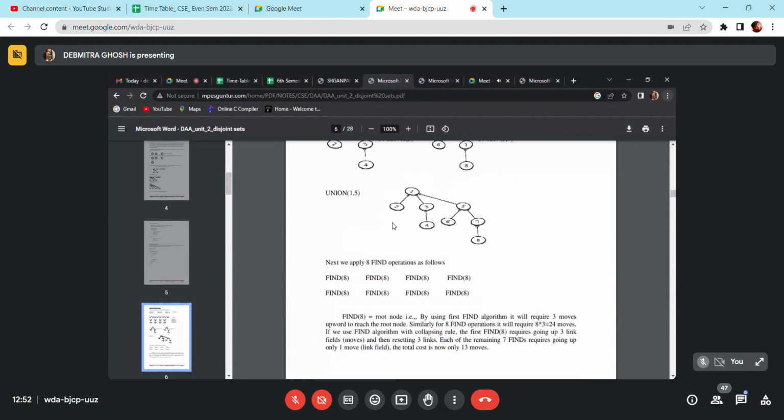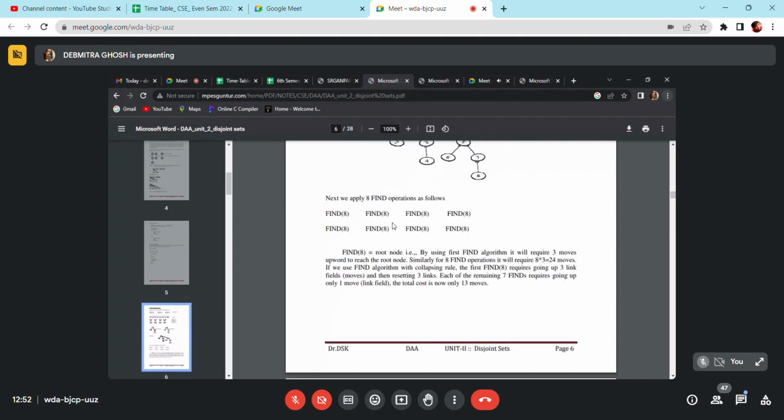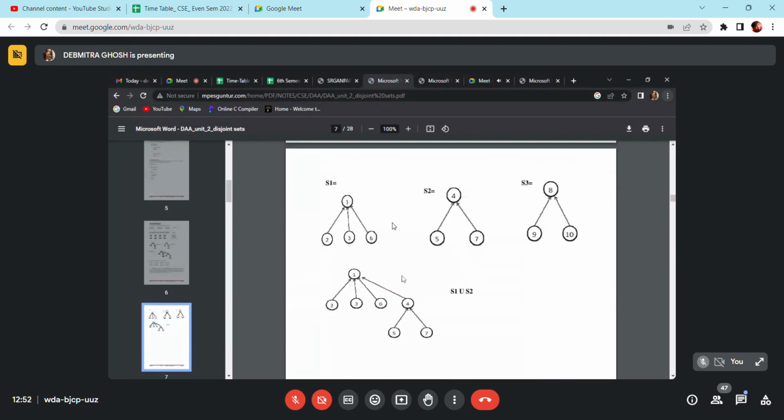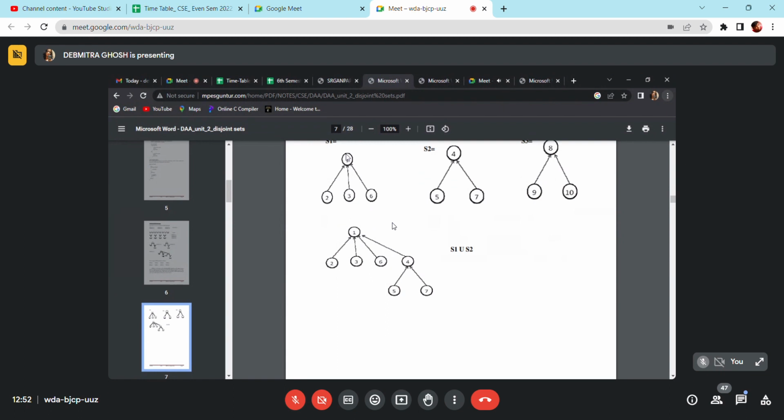Now we apply find here. How to do that? S1 union S2. S1 is 1, 2, 3, 6 and S2 is 4, 5, 7. So union of S1 and S2. Do these things well. These things are quite important and are also a very scoring part in DA. 1, 2, 3, 6, 4, 5, 7 and then 8, 9, 10.